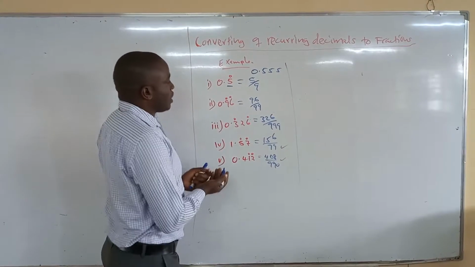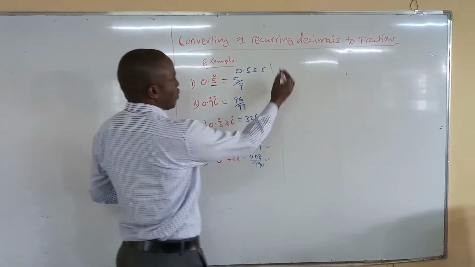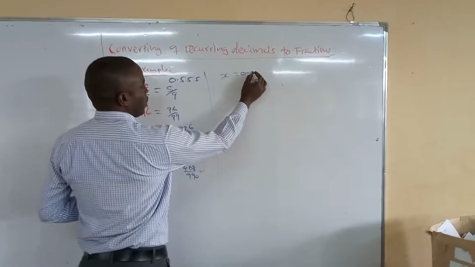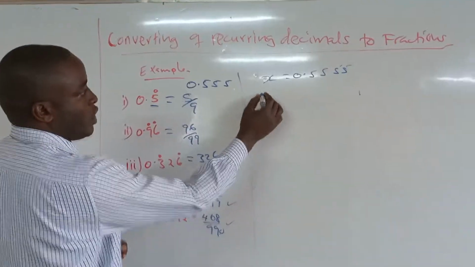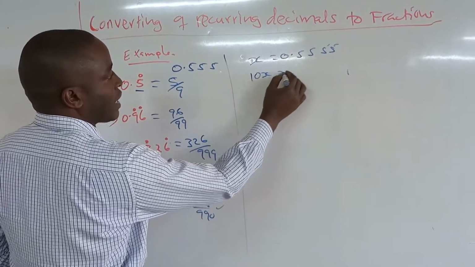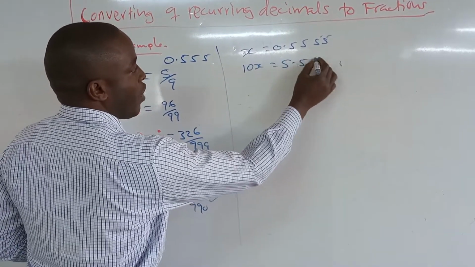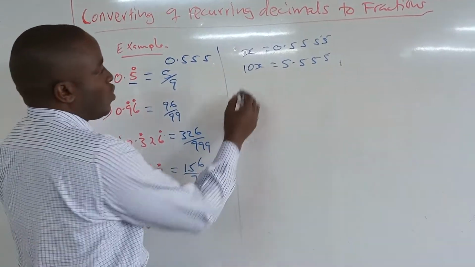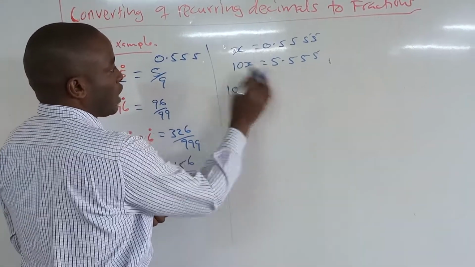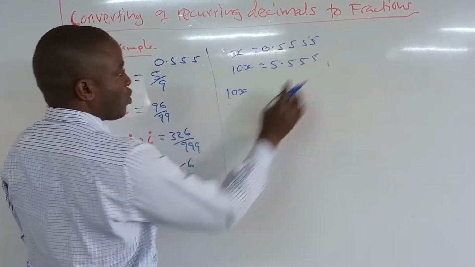But the real way of doing it, like the first one, we let x be equal to 0.5555. Then that means if we have 10x, 10x will be 5.555. So we still have 555 after the decimal, so it is the same.